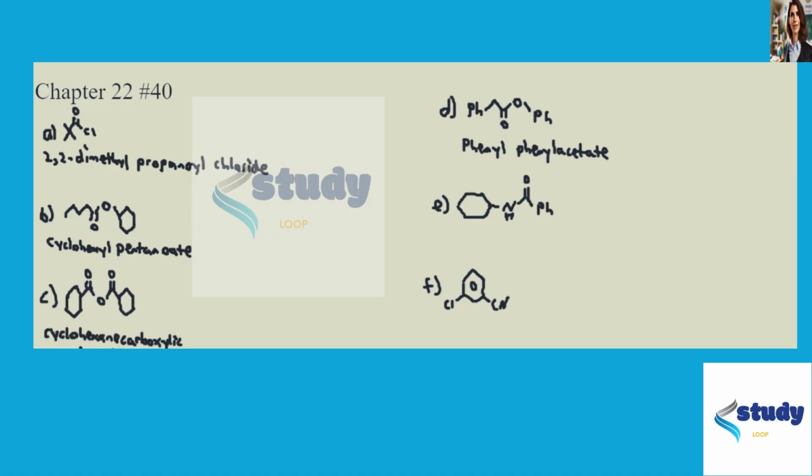So E is an amide, and the way that we will name E is we start with the substituent on the amide nitrogen, and so in this case it's a cyclohexane.